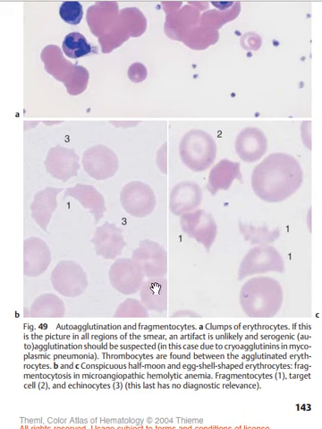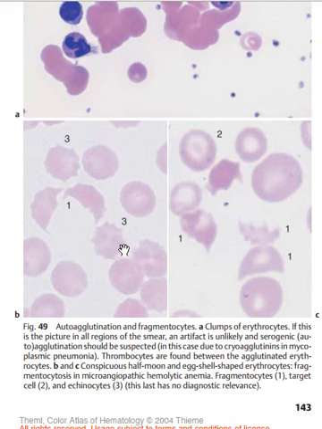Now the next ones are diagram B and C. You see a conspicuous half moon appearance, and you also have an eggshell shape appearance of the red blood cells.